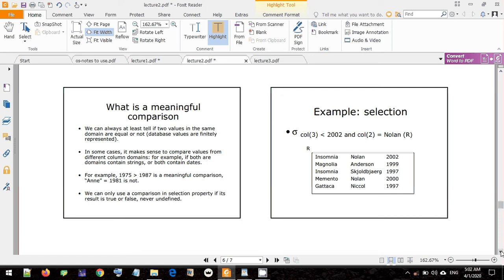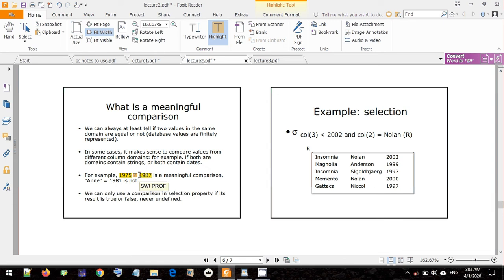For a meaningful comparison, we can always at least tell if two values in the same domain are equal or not equal. That is, first the content of the domains has to be similar, and then we can do a comparison. For example, if we have two domains containing years of birth, we could test if a year of birth is greater than another year of birth.